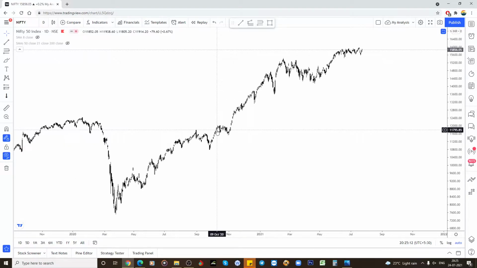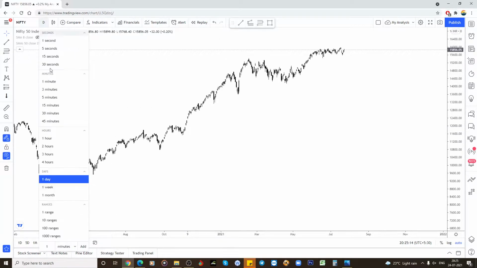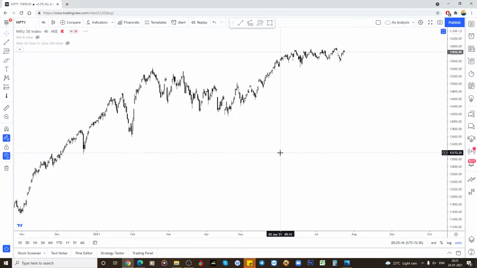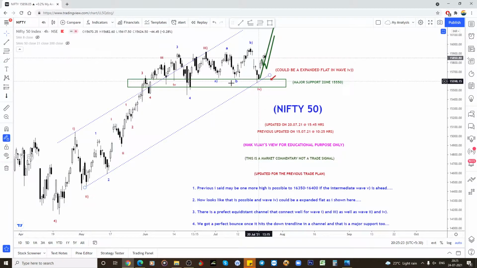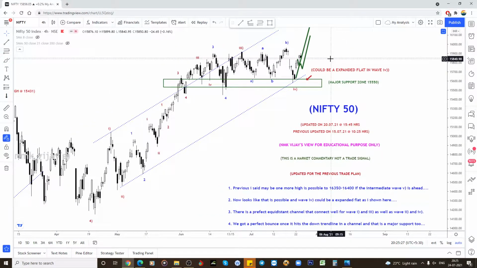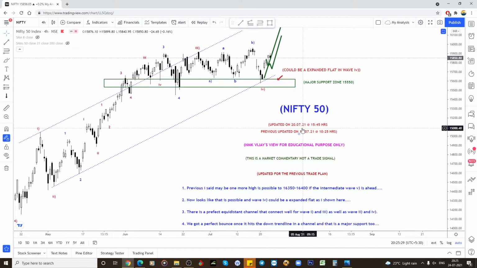See, Nifty, it's what I explained in the chart before. From here I took a buy exactly at the low, and I already informed that in Tuesday's video, a short one-minute video. I was looking at this as wave 1 of wave 5, the end of wave 4.